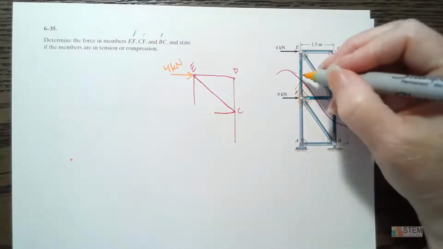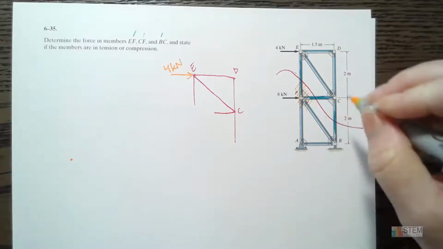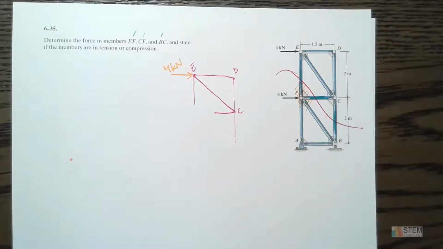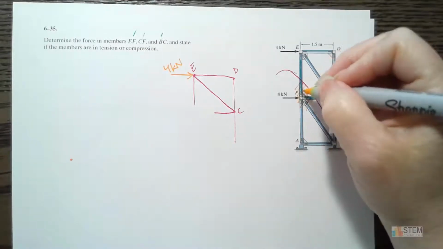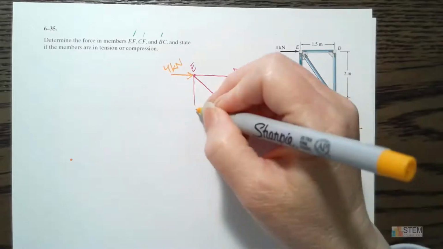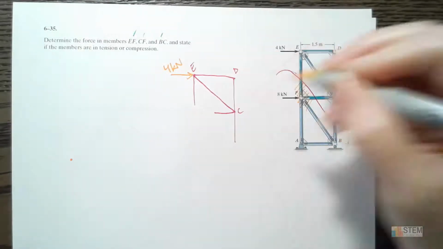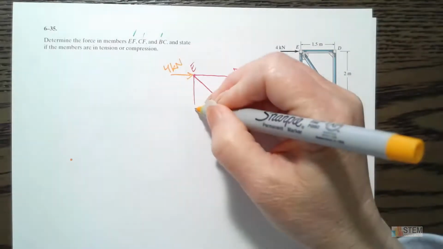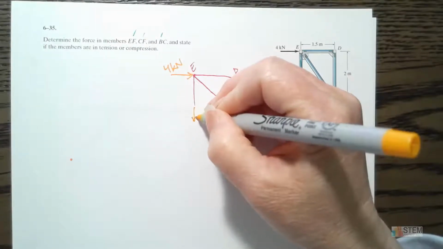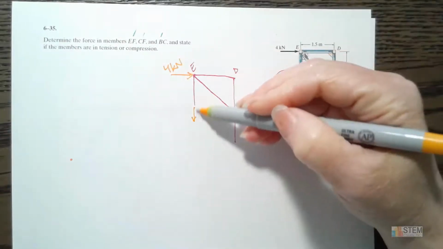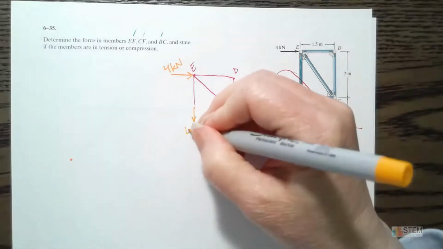Next, we are cutting through these members. Those members have forces in them, right? We've got either tension or compression, so we need to draw forces to show that. The way I always do it is I always draw the forces going out of the section. So for this one right here, let's call it EF.